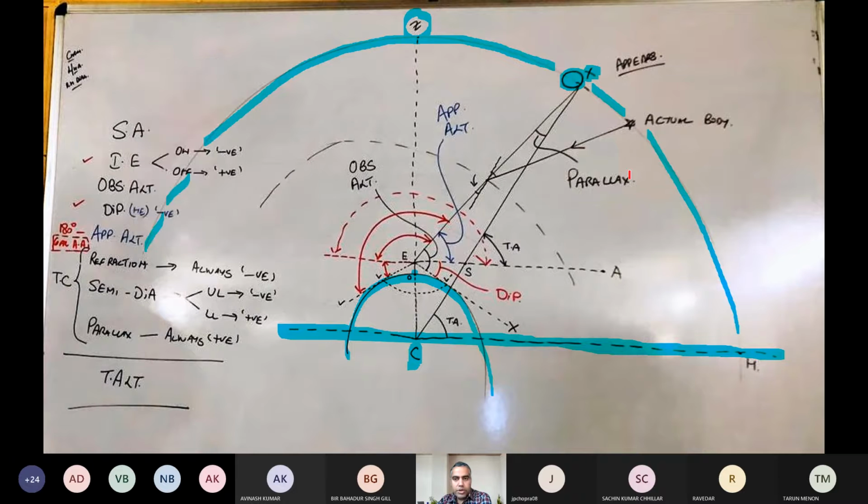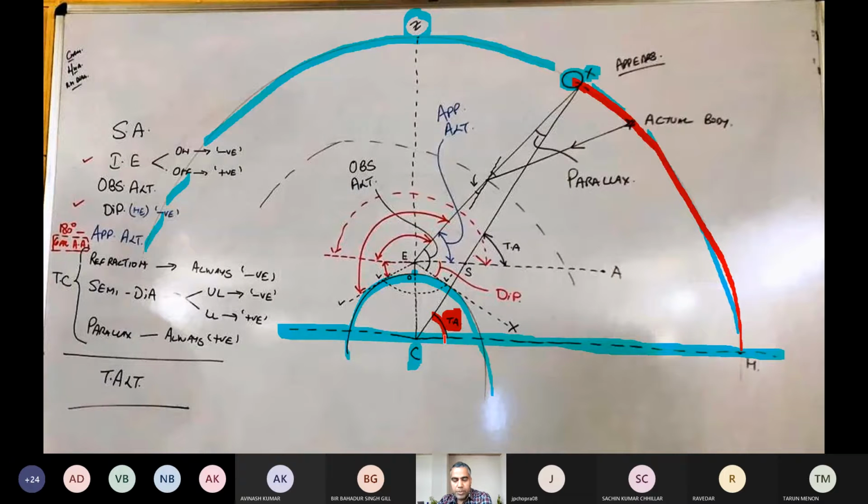I told you the true altitude is the arc of the vertical circle contained between the center of the body and the rational horizon, or the angle at the center of the earth contained between the center of the body and the rational horizon. So this angle is shown here as the true altitude of the body. This is what we require to calculate our position line.